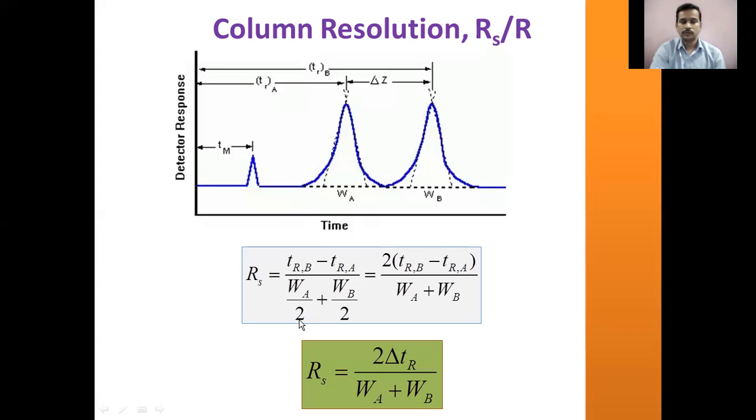And WA by 2 is the width at 50% height of the chromatographic peak for solute A, and WB by 2 is the width at 50% height of the chromatographic peak for solute B.